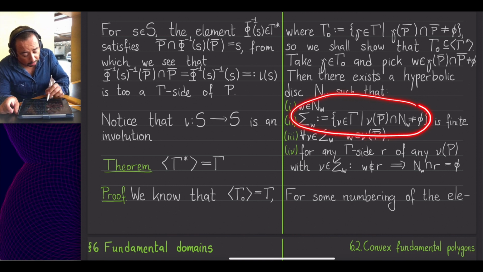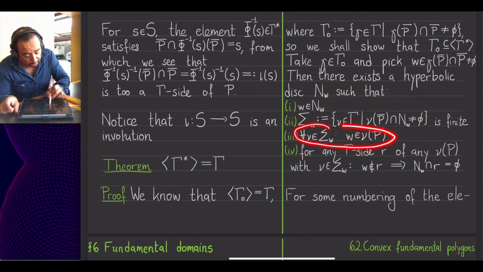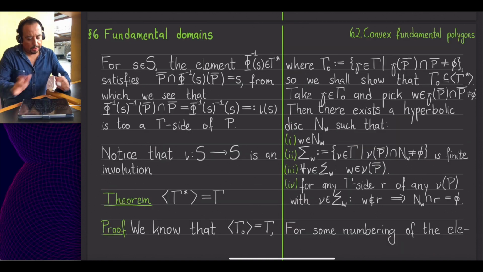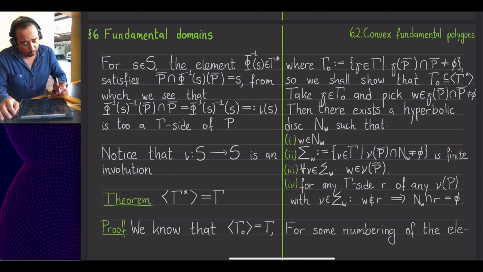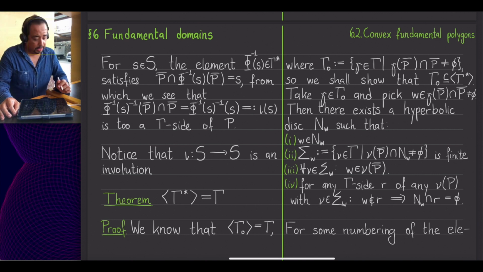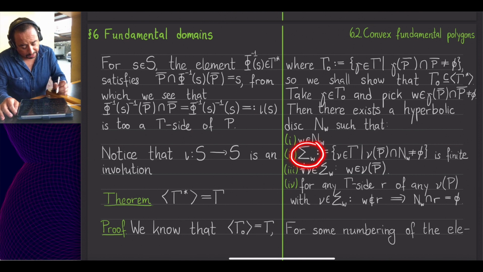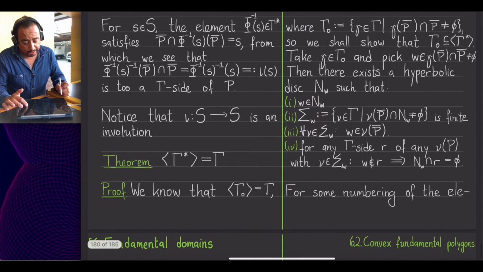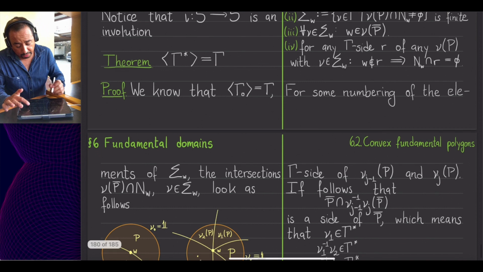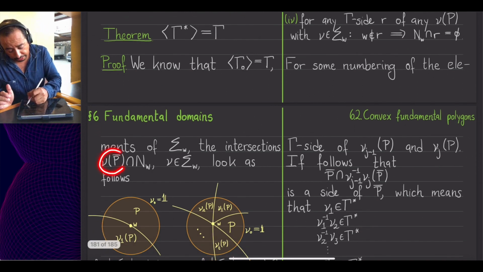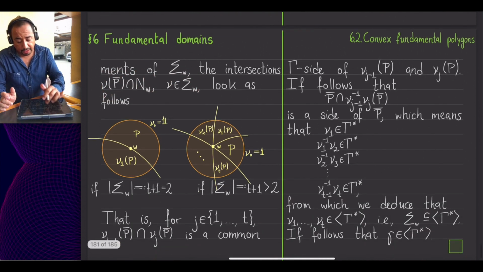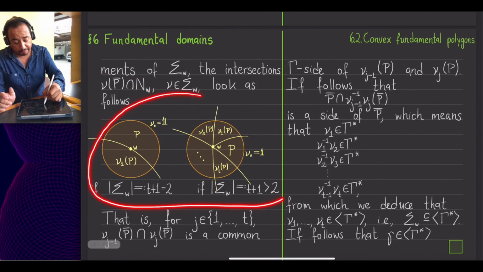Because all the elements of sigma W have the property that the corresponding copy of P bar contains W, now we can number the elements of sigma W in such a way that the intersections of the copies of P bar under the elements of sigma W with the hyperbolic disk NW look as in one of these pictures, right?